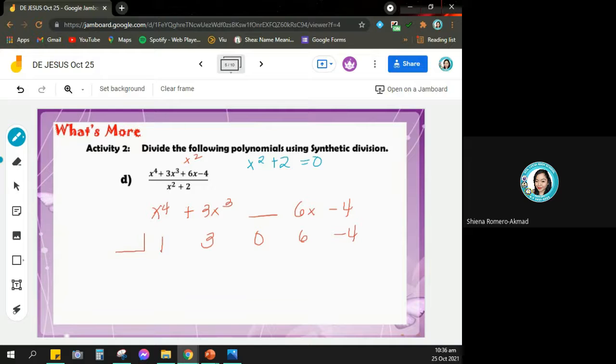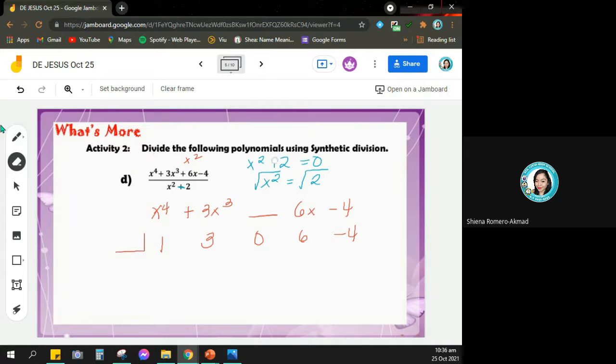Kasi pag transpose ko to, magiging x squared equals negative 2. Pag kinuha ko yung square root niyan, magiging imaginary number na to. Baka mali to. Baka negative to. I think this is negative. Okay? So let's say that is negative. So you'll have here positive 2.